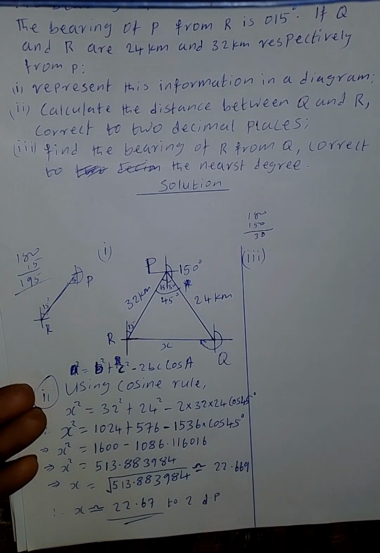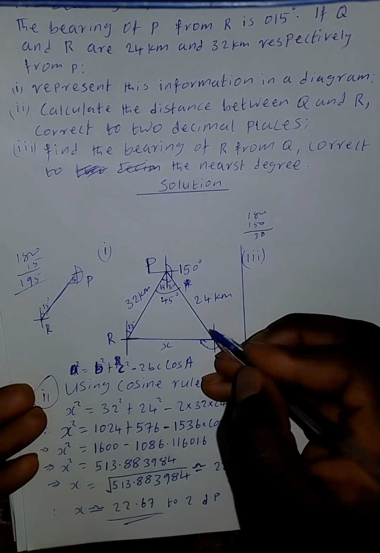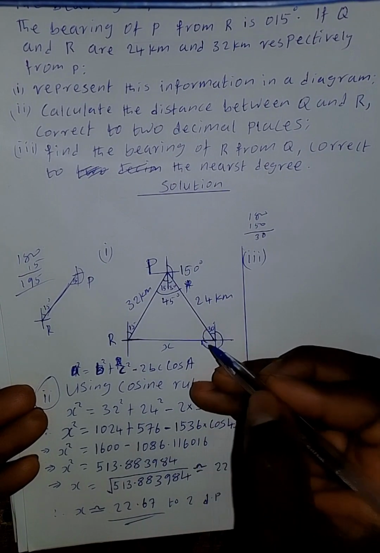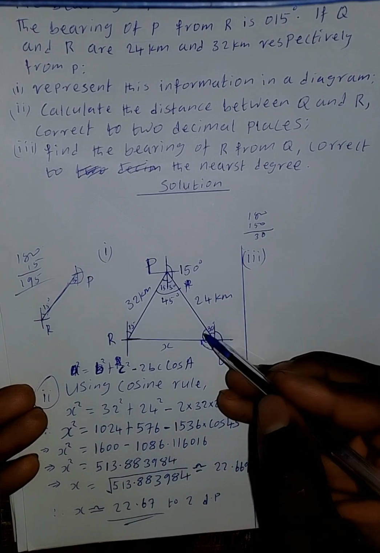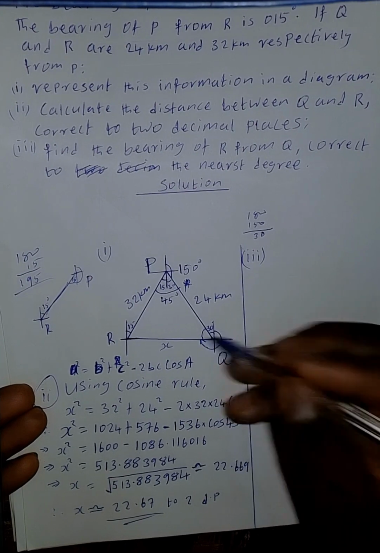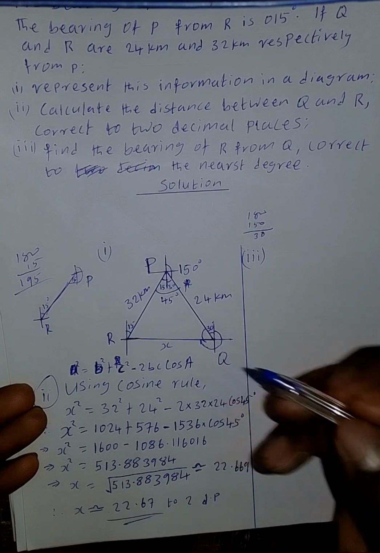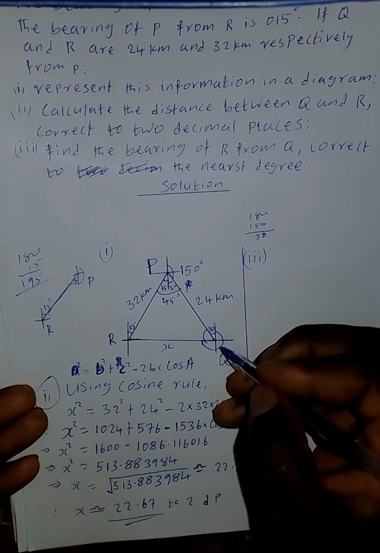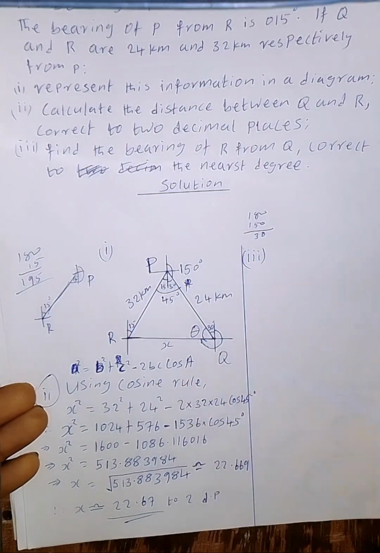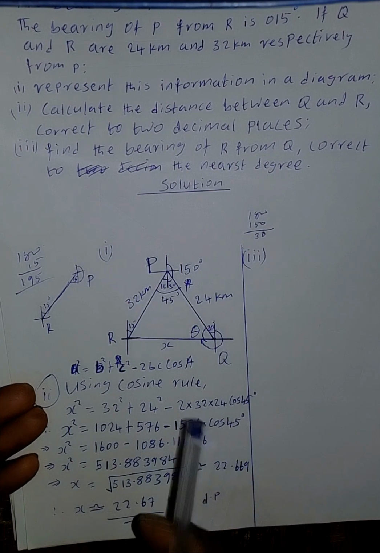For me to find this bearing, I know that this 30 is alternate to this 30. This is 30 degrees also, but I don't know this angle. For me to subtract the sum of this 30 and get this angle from 360, that will give me the remaining angle, the exterior angle, this angle I'm looking for, the bearing I'm looking for. Let me call this place theta and find it using sine rule.